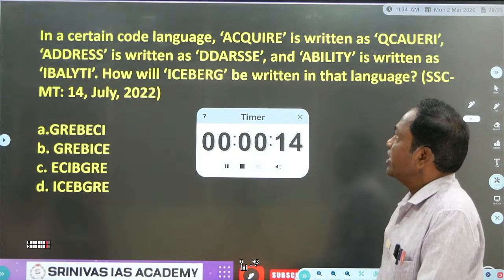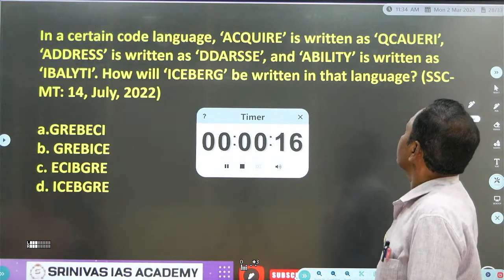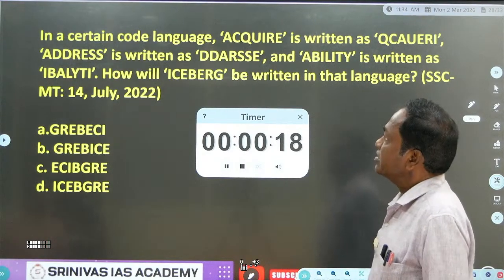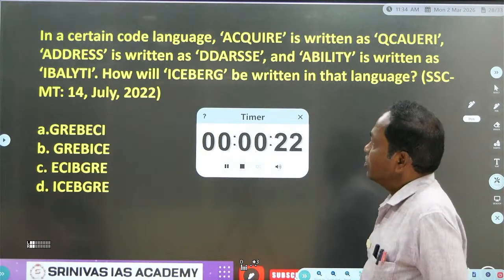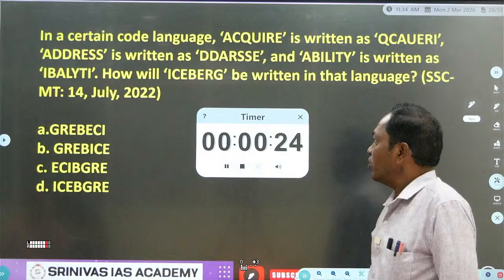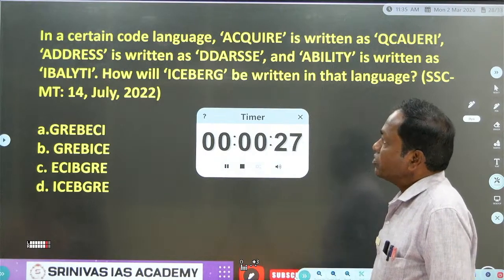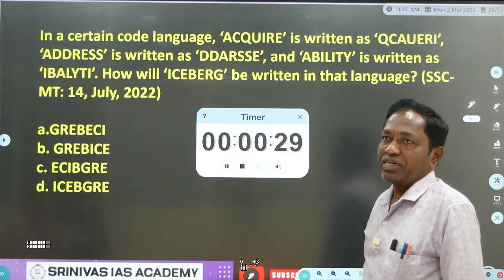In a certain code language, ACQUIRE is written as QCAUERI, ADDRESS is written as something, and ABILITY is written as something. It looks like a very big one. What you have to do is see the commonalities, letter to letter.